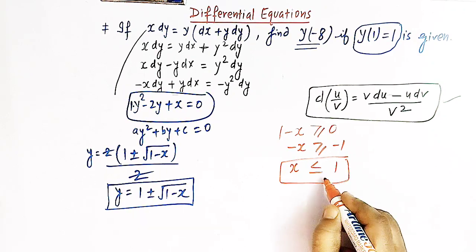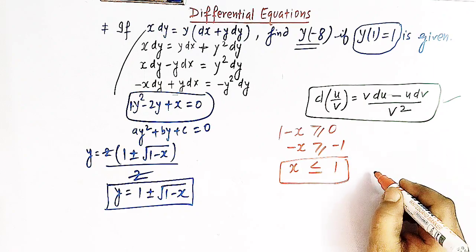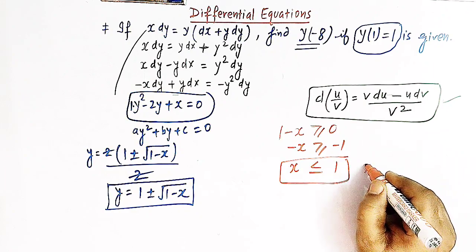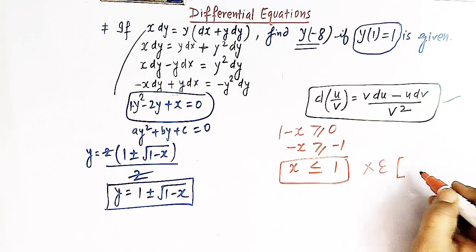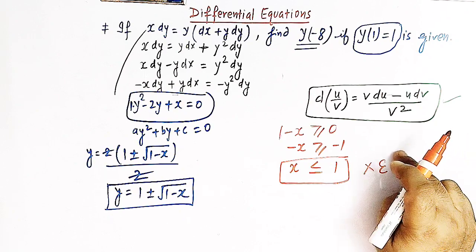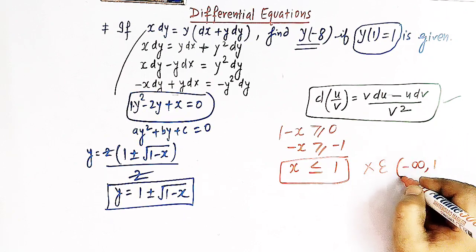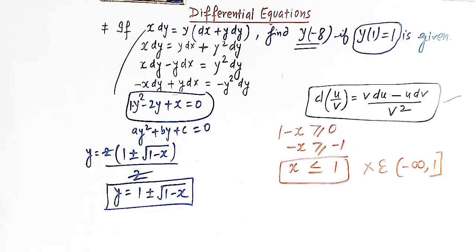So x less than or equal to 1 can also be expressed in terms of interval, that is x belonging to the interval minus infinity to 1. Here we have the open interval, and here we have 1, and here we have the closed interval.